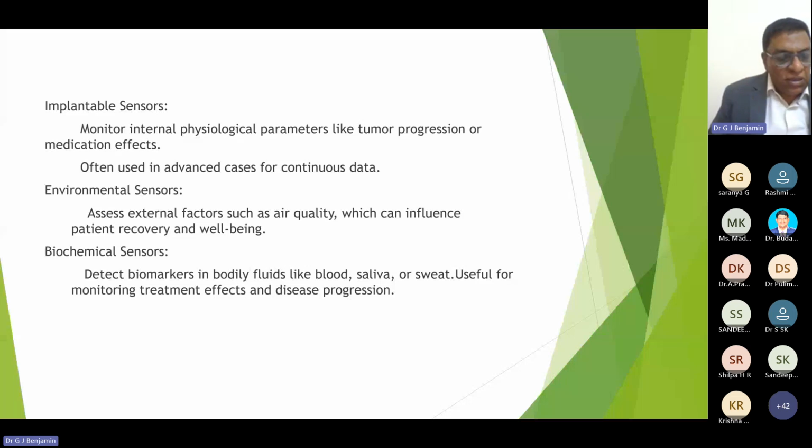Implantable sensors monitor internal physiological parameters like tumor progression or medication effects, often used in advanced cases for continuous data. Environmental sensors assess external factors like air quality, which influence the patient's recovery and well-being.